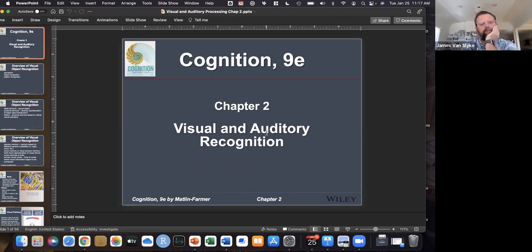So we're talking about visual and auditory processing, meaning the way in which we take in visual information and how we make sense of it.